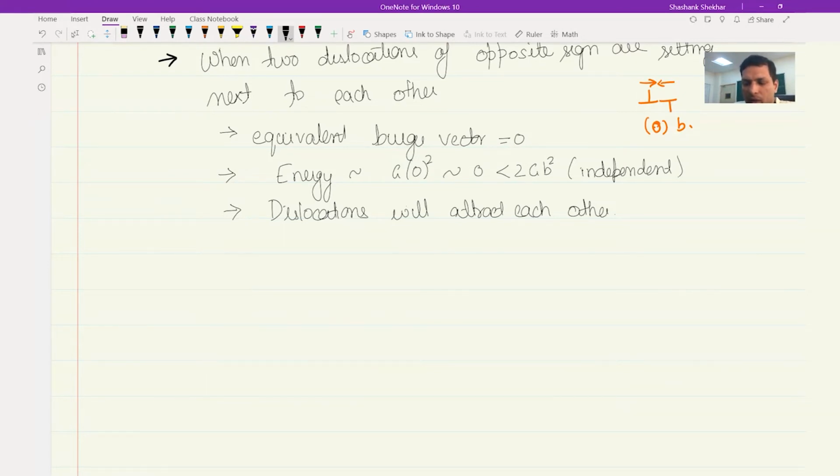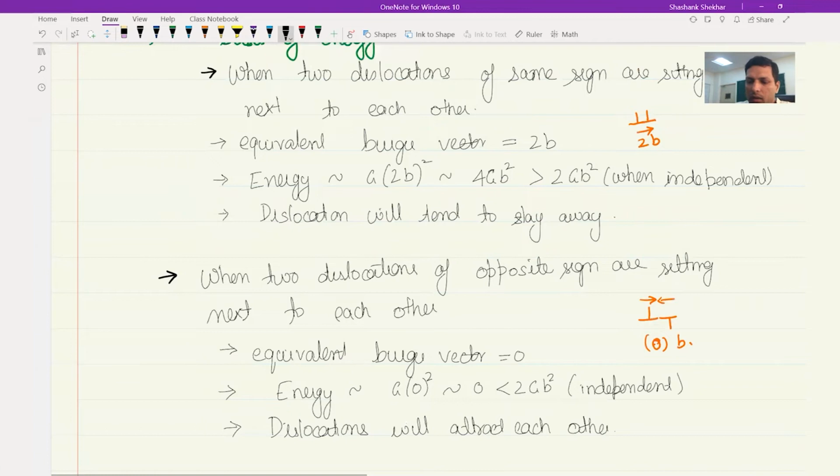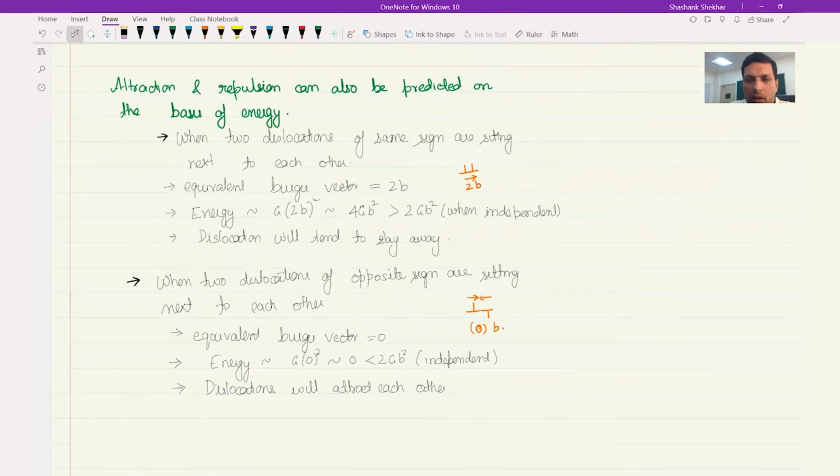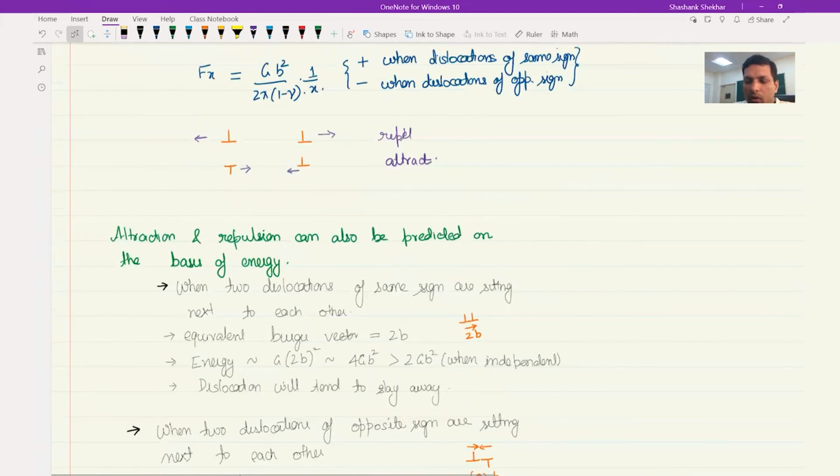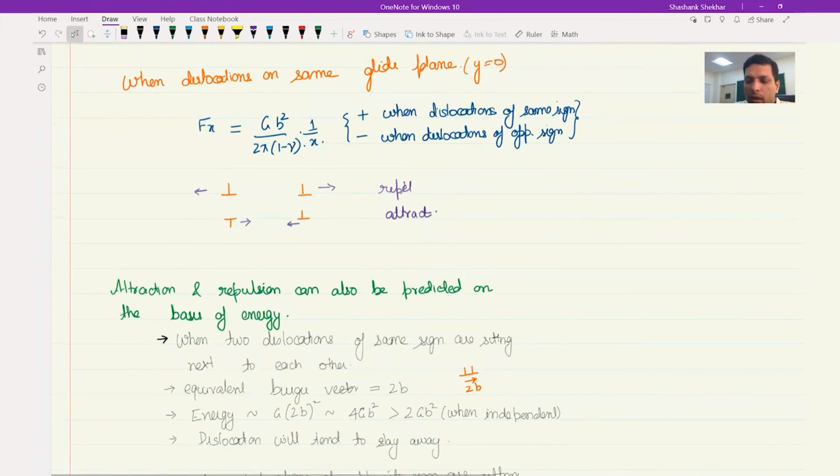That is the message that we get when we look at this consideration of dislocations on the basis of the dislocation energy. So this is also the message that we obtained earlier when we were looking at the force.